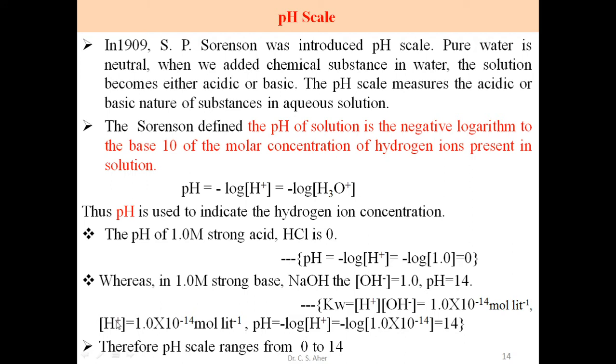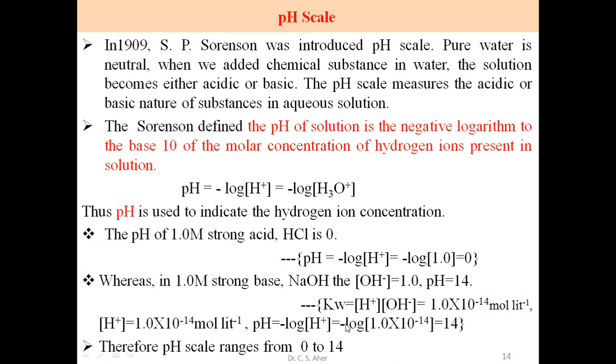So when you put the OH- ion concentration as 1, the H+ ion concentration is the same as Kw. So the H+ ion concentration is 1 into 10 raised to minus 14 moles per liter. And thus pH is equal to minus log of the H+ ion concentration, so minus log of 1 into 10 raised to minus 14.